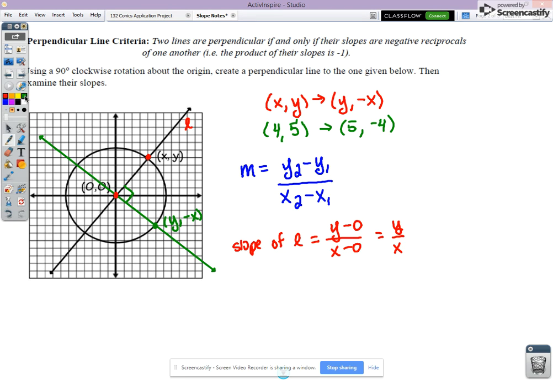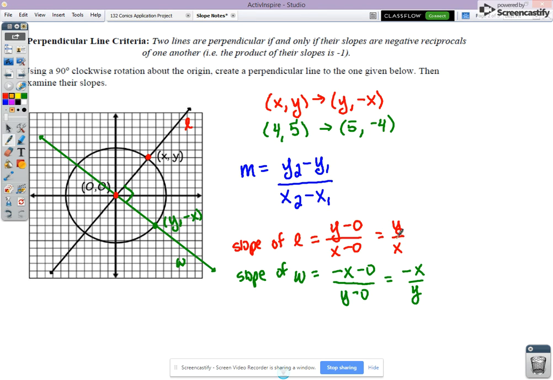And for my green line, which I will call W, why not? The slope of line W would be, well, now my y coordinate is -x, so it would be -x minus 0 over the x coordinate, which is y, minus 0, which is really just -x over y. So maybe you're seeing already what I meant by negative reciprocals.